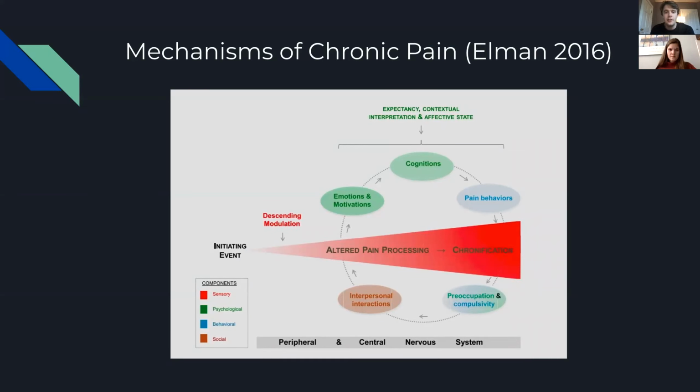The eventual dysregulation of reward processes as a result of chronic pain states leads to impairments beyond the scope of pain sensation alone and impacts a person's sensory, psychological, behavioral, and social functions in a bidirectional relationship that may also increase their pain processing in the chronic state. You can kind of see what I'm talking about in this diagram up here. It has the altered pain processing in terms of chronic pain and all of the other factors that we just talked about, going around in a circle, demonstrating that they're all linked to one another.